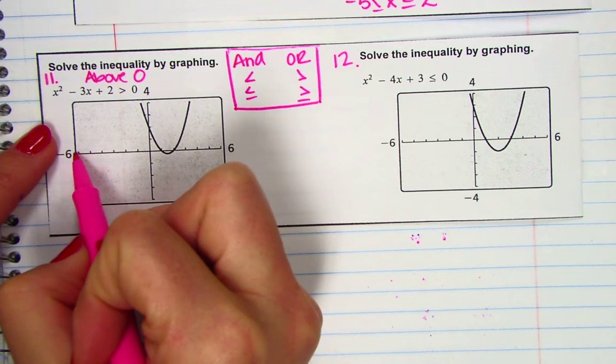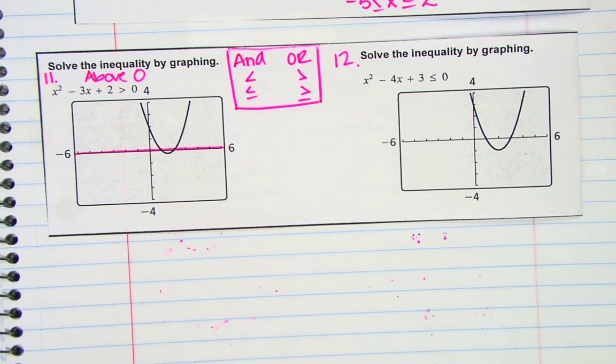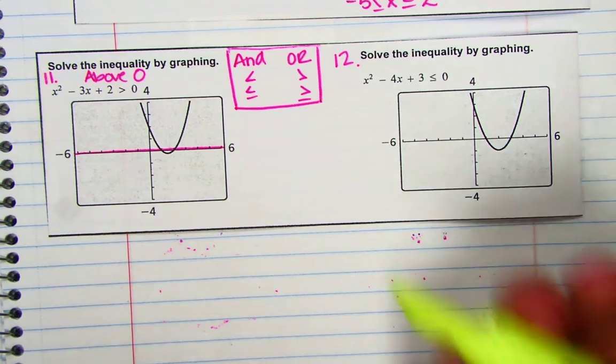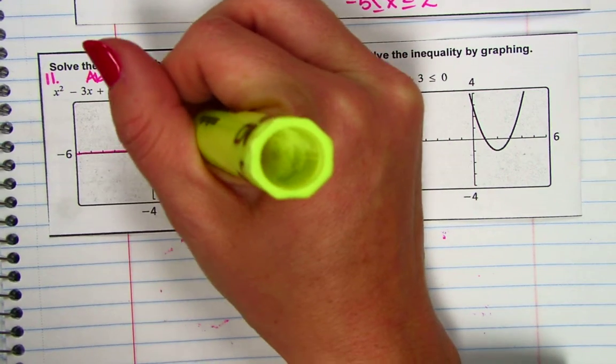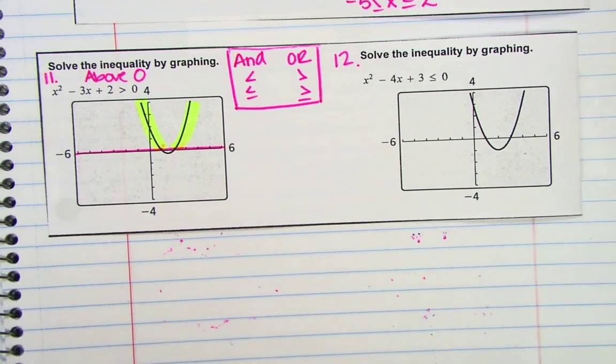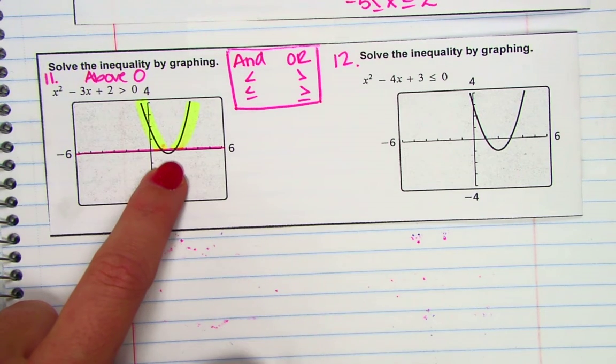All right, so here's 0. And I'm going to use my highlighter to highlight the parts of the parabola that are above 0. This whole part is above 0, and this whole part is above 0. The only part that's not above 0 is this little tiny part that dips below 0.